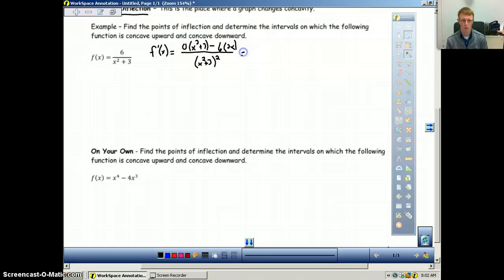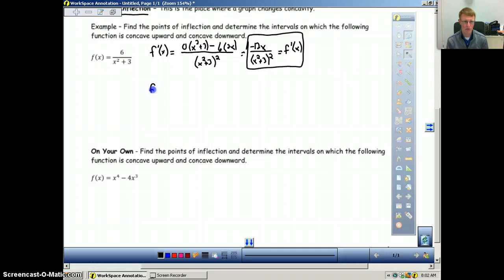That ends up equaling negative 12x divided by x squared plus 3 squared. So that's our first derivative, f prime of x. Again, we would use that if we were trying to figure out our maxes and mins, and we could still do that. Now we're going to find the second derivative.